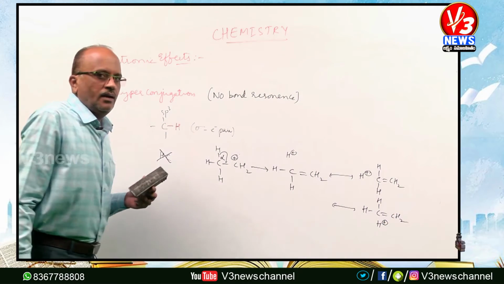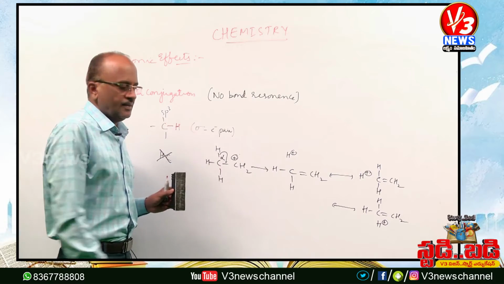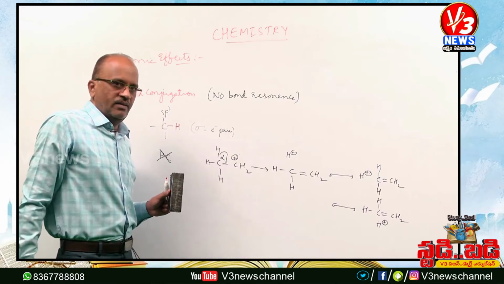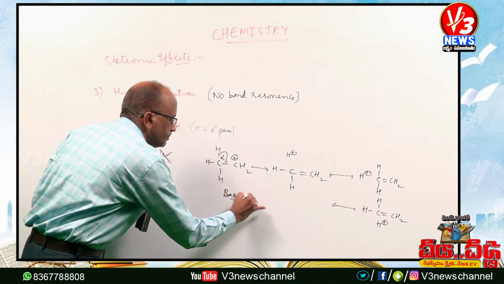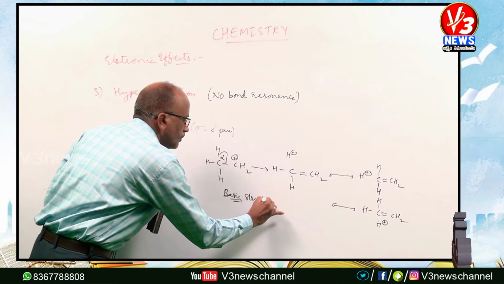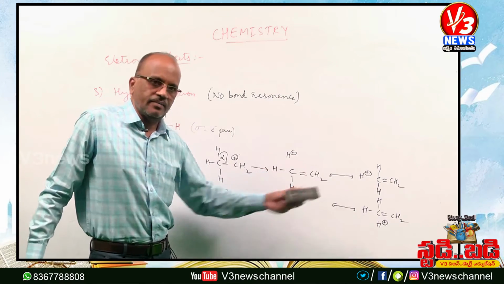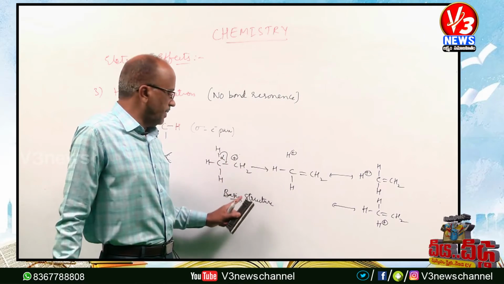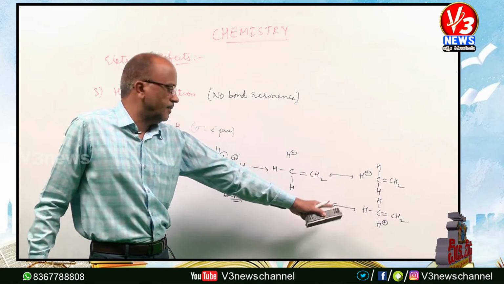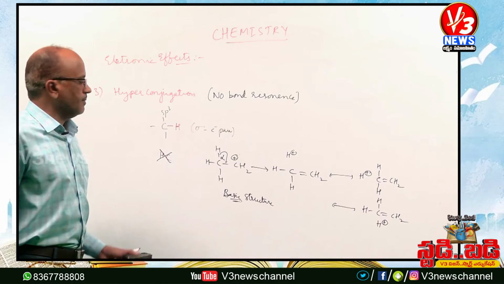If you see here, there are 3 alpha hydrogens, so 3 hyperconjugative structures plus 1 basic structure. The total number of structures is 4: the basic structure and 3 hyperconjugative structures like this.